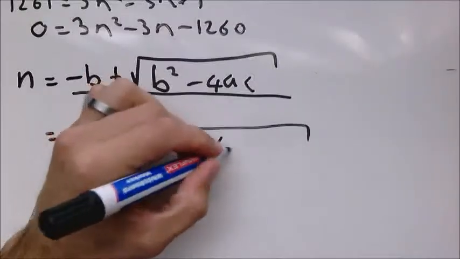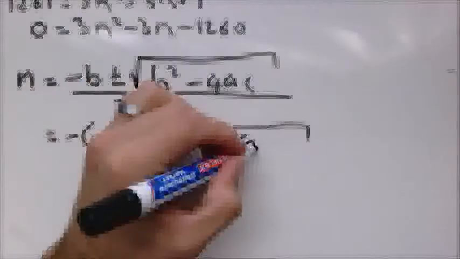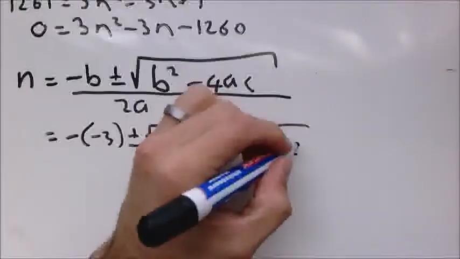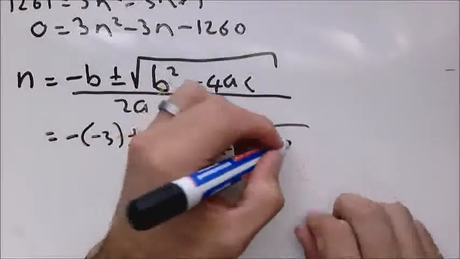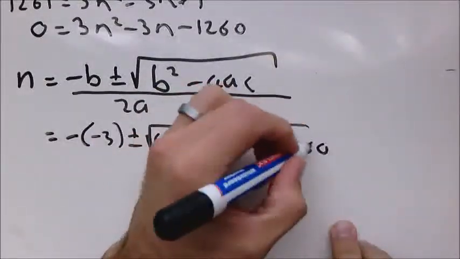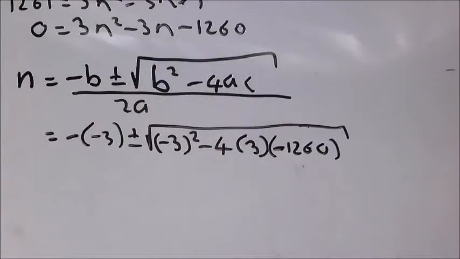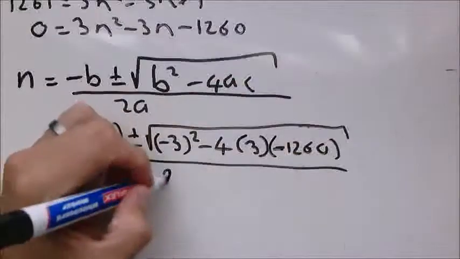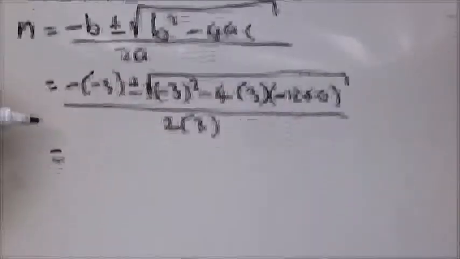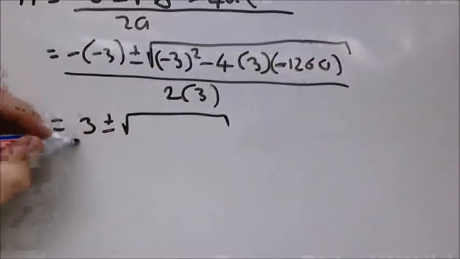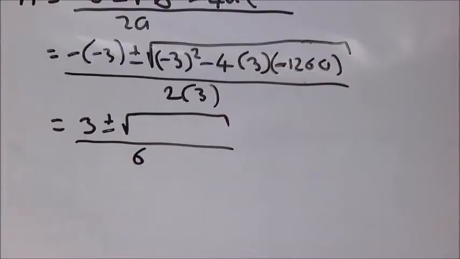Negative 3 squared minus 4 times a, which is 3, and c, negative 1260. Remember your negative, because that's normally where people make mistakes. Over 2 times 3, so this will become 3 plus minus square root of something over 6.